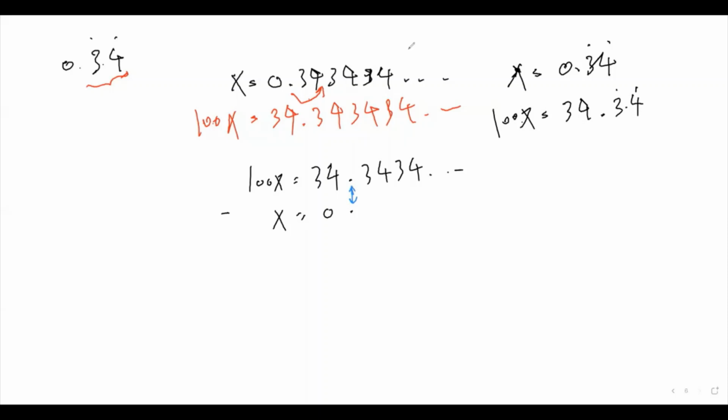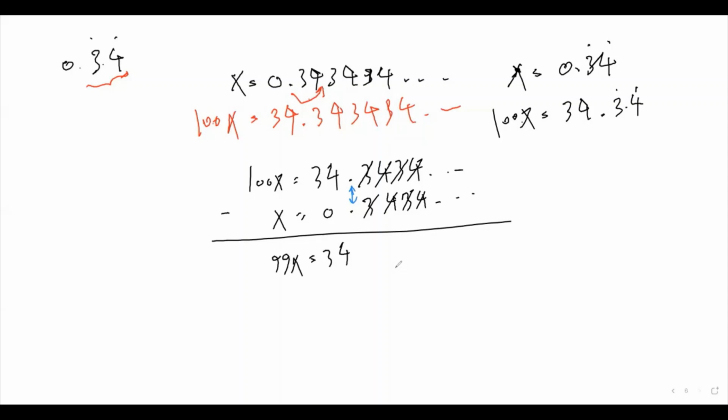This makes it way easier for you. And then I have 34, and it keeps going. Everything after the decimal point is the same for both decimals, so when I perform the subtraction, everything is gone. However, 34 minus 0 is 34. 100x minus x is 99x, and the final answer is 34 over 99.